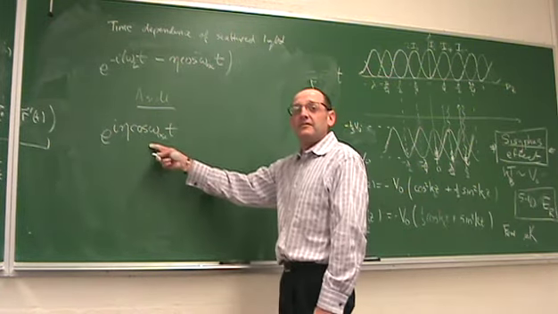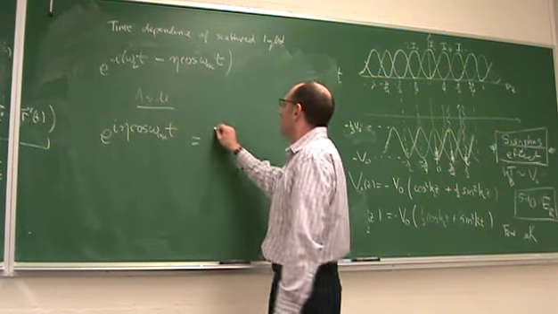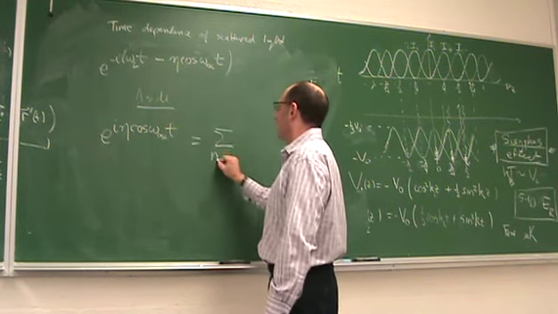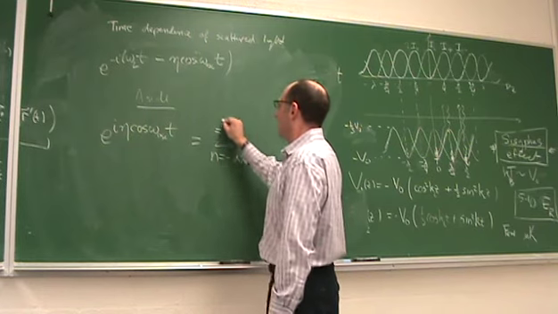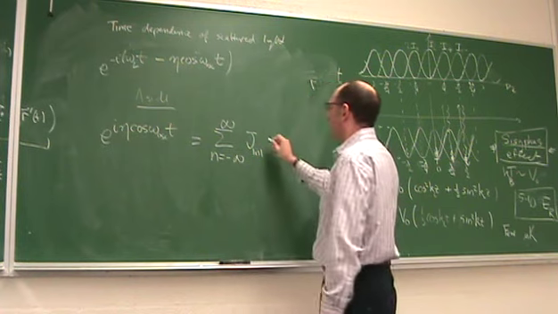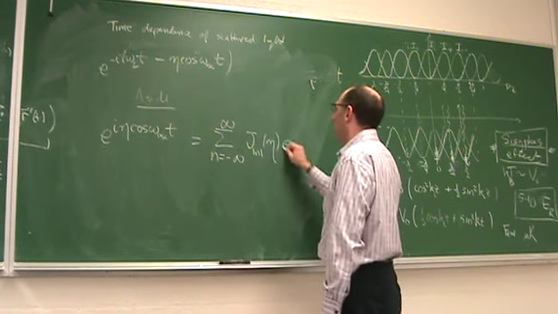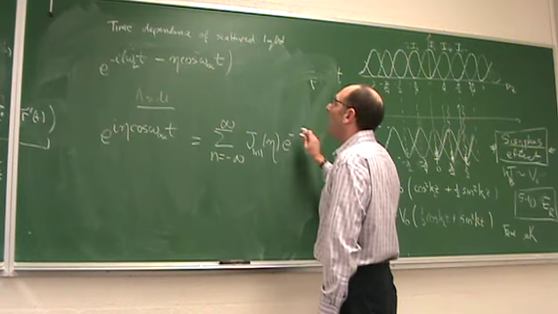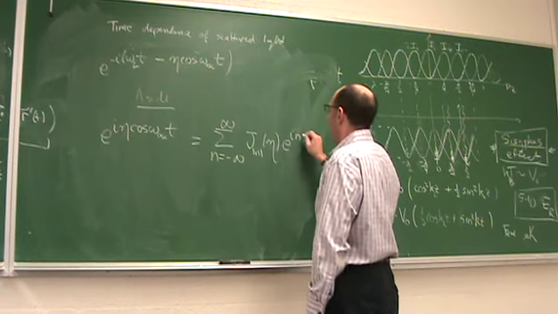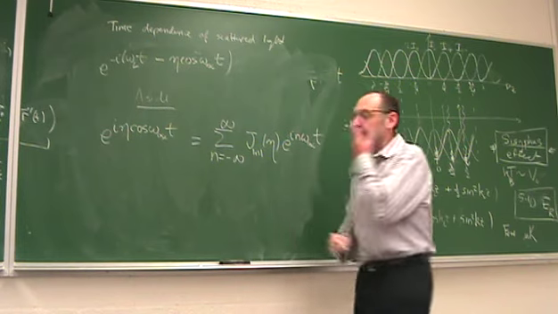You remember this one? It's got some Bessel functions in it. This is equal to the sum from n equals minus infinity to infinity, Bessel J depending on the absolute value of n, as a function of that amplitude eta, e to the i n, the oscillation frequency t.